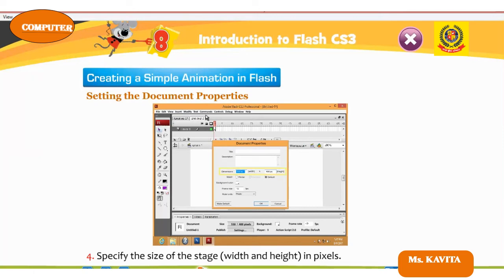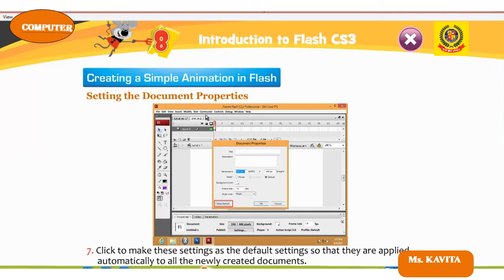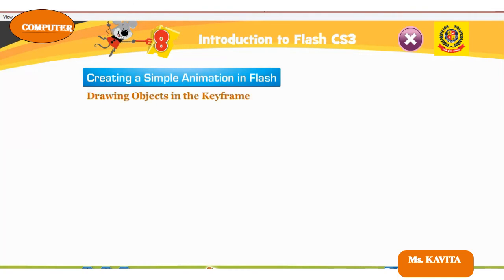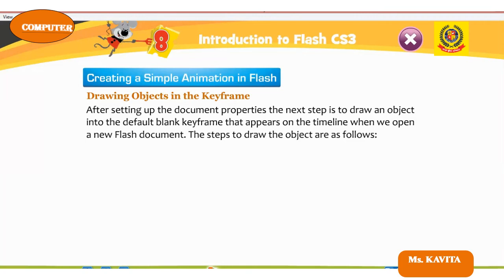Now creating objects in the keyframe. After setting up the document properties, the next step is to draw an object into the default blank keyframe that appears in the timeline when we open a new Flash document. The steps to draw the objects are as follows. Select a required tool from the tools panel. Select the desired stroke and fill colors in this section of the tools panel.